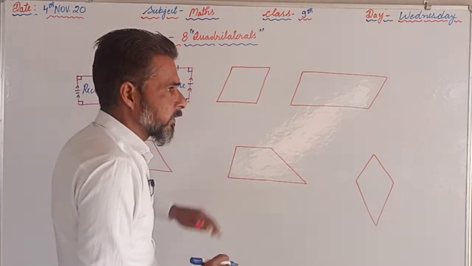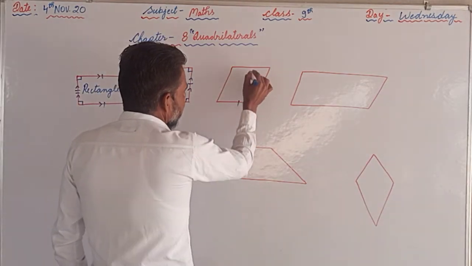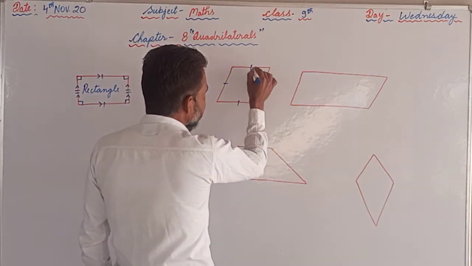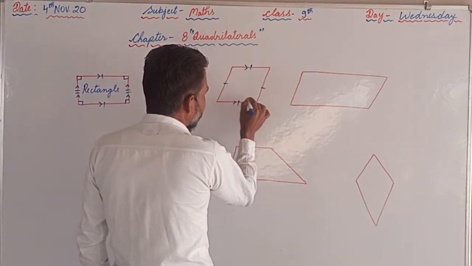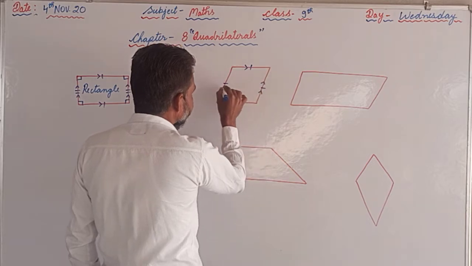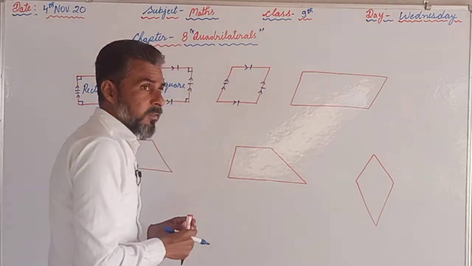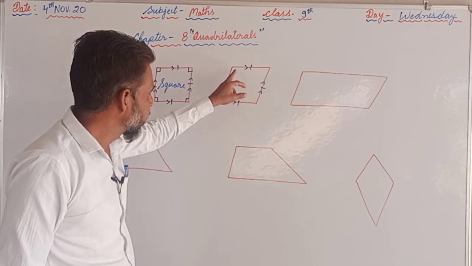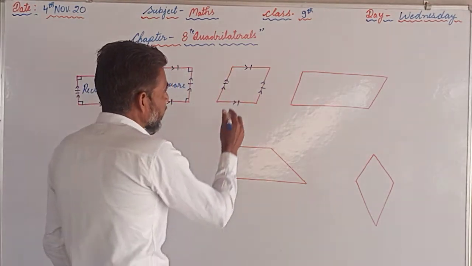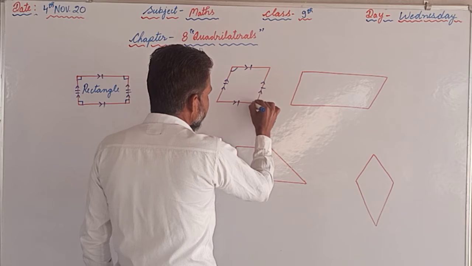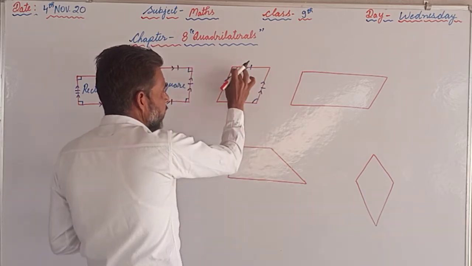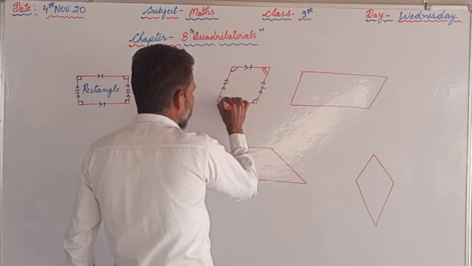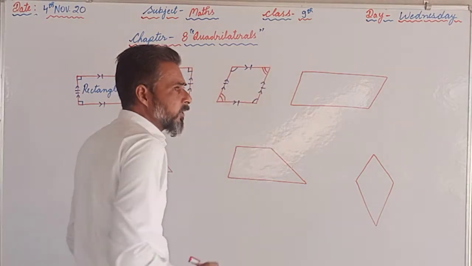Now in this, all the sides are equal like in the square, and the opposite sides are parallel as well, but the angles are not of 90 degree, but the opposite angles will be equal. These are the opposite angles, and this is the pair of opposite angle.